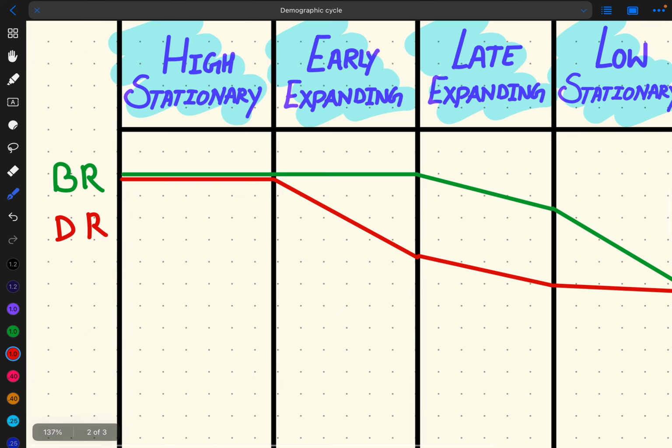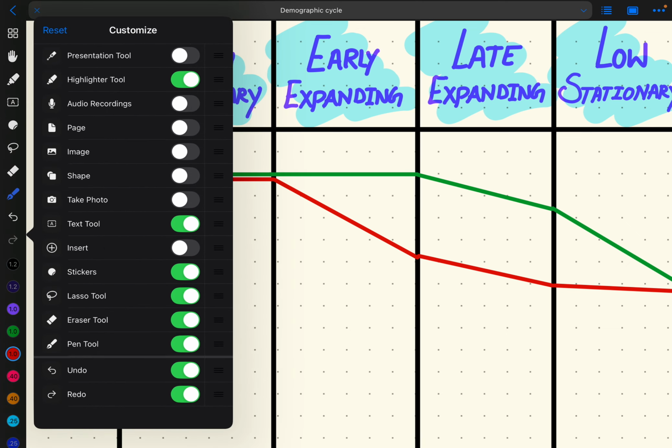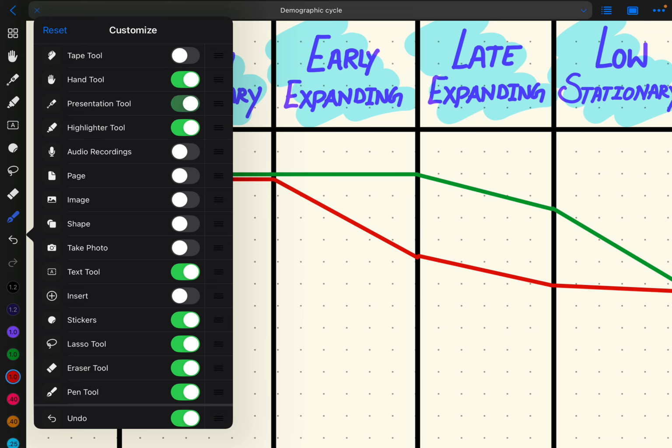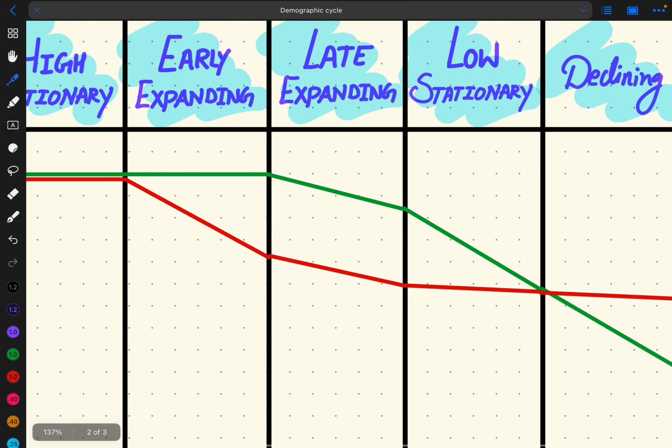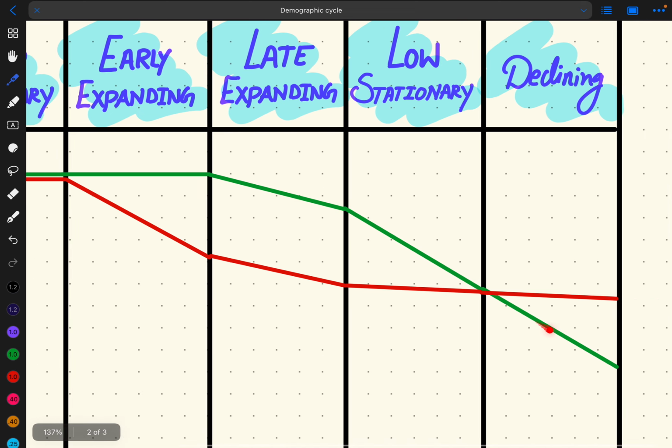So what we can see is that birth rate is steady in high stationary, then in early expanding it is steady, but in late expanding it dips, and in low stationary it dips to a greater extent, and in declining it dips more than death rate.